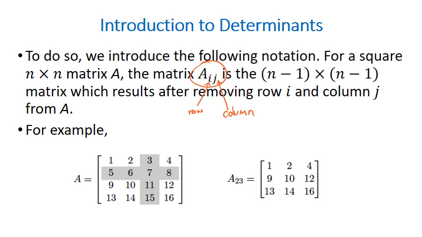For example, this here means that I'm going to remove the second row and the third column. So if I completely omit these, then I am left with this 3x3 matrix. So we're going to use this process to find determinants.